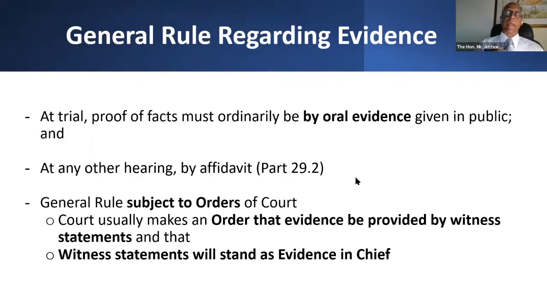Well, an originating application would be a good example of an instance where you use affidavit evidence instead of oral evidence or witness statements. Remember the example I gave about granny with mucho assets and a bad case of Alzheimer's, and you want to have her declared incompetent? You might use an affidavit to accompany your originating application.